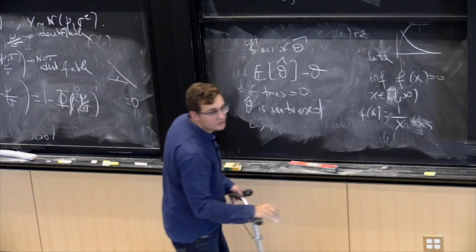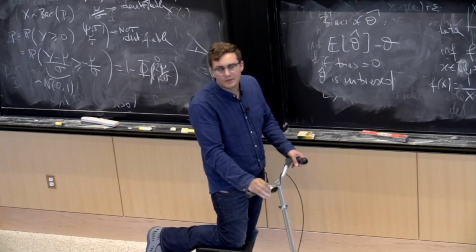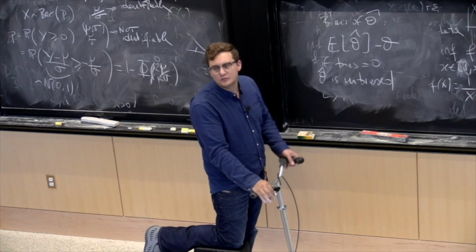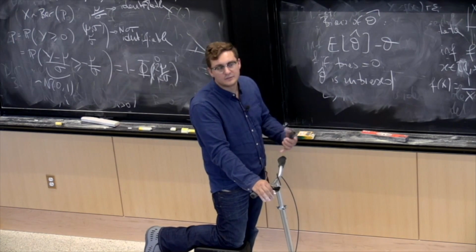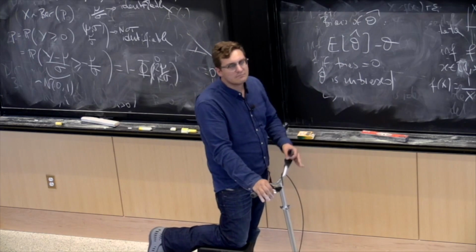And unbiased estimators are things that people are looking for in general. The problem is that there's lots of unbiased estimators, and so it might be misleading to look for unbiasedness when that's not really the only thing you should be looking for. So what does it mean to be unbiased?